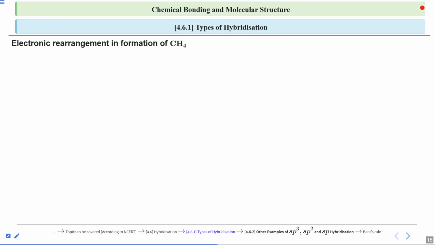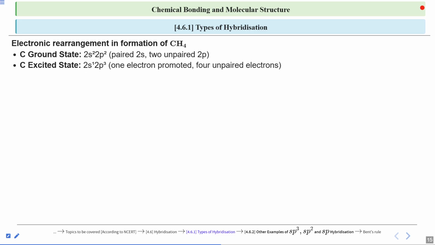Now let us move on to the electronic rearrangement that is taking place in the case of methane. If I talk about the ground state of carbon, it is 2s2 2p2. There are 2 paired electrons in 2s and 2 unpaired electrons in 2p. When the electron is being excited, you will get the unpairing.